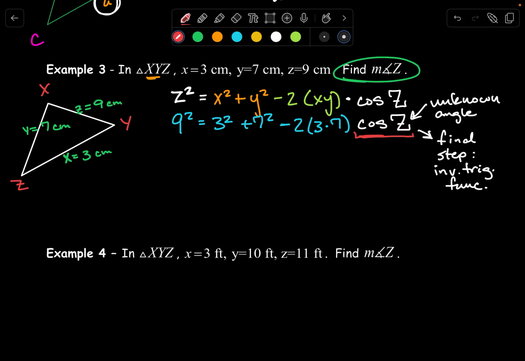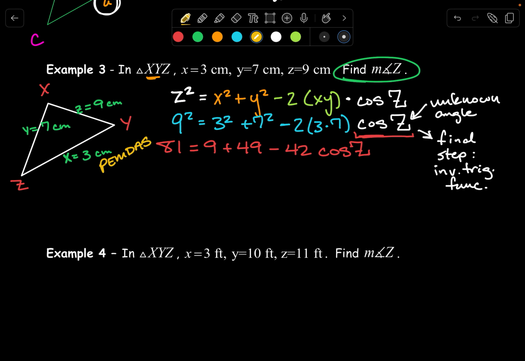So let's start simplifying. 9 squared is 81. 3 squared is 9. 7 squared is 49. Minus 2 times 3 times 7 is 42 cosine Z. Now, it's very important here that you remember the order of operations.